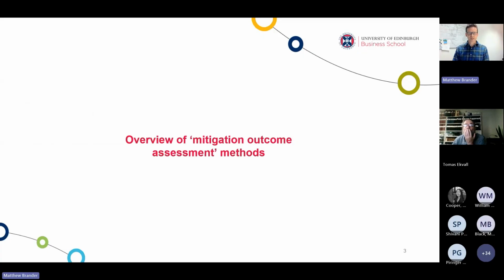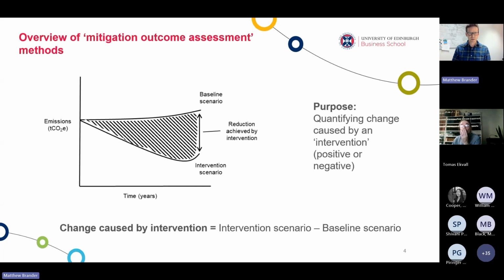To start off, a first introduction and overview of what this method is about. This illustrative figure gives a simple, perhaps overly simplistic, presentation of the structure of the method. Essentially, what the method is doing is identifying a baseline scenario, which is defined as the scenario that would exist in the absence of the intervention that is being assessed.